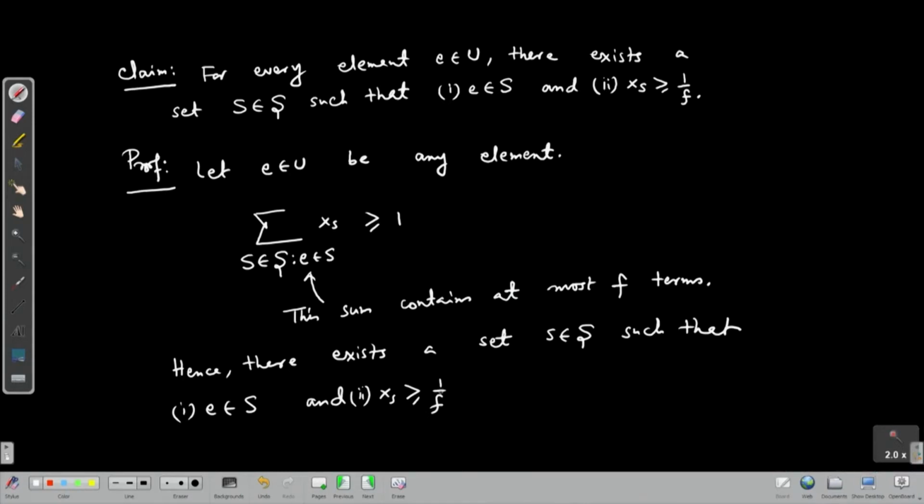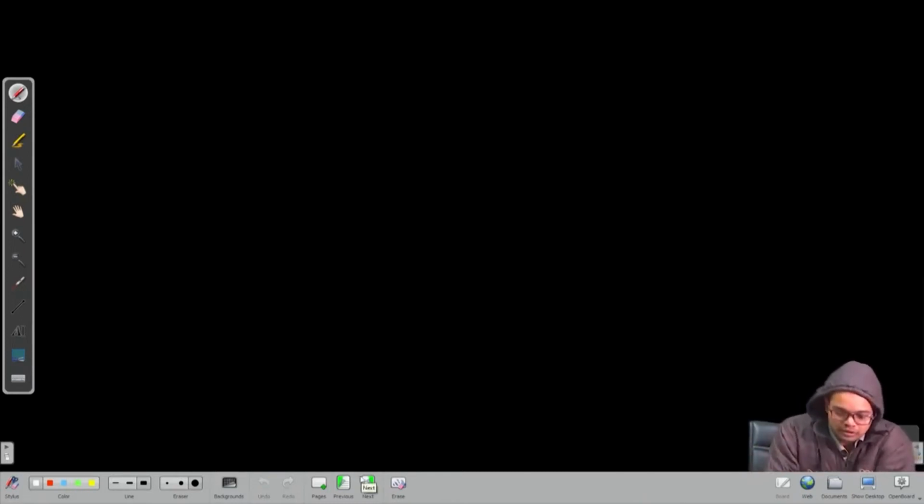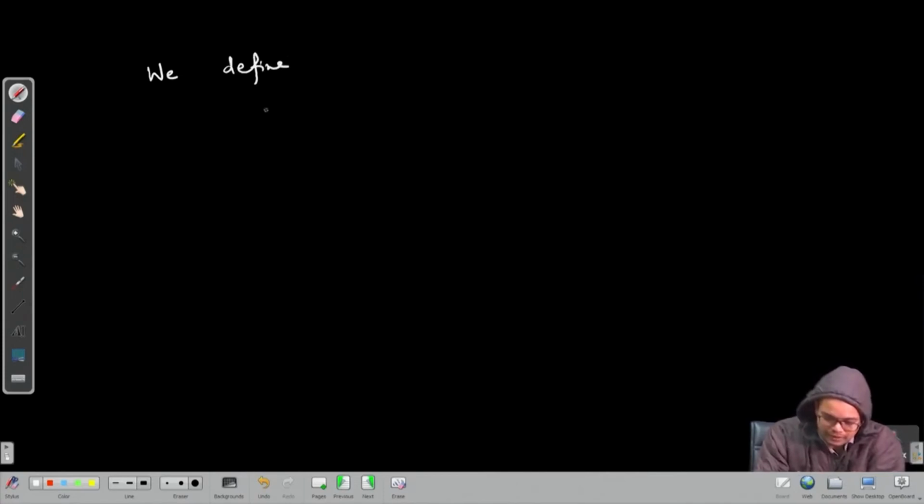Okay, now with this claim at hand we will round it. So what is our rounded solution? We define x'_S to be 1 if x_S is greater than or equal to 1/f, and 0 otherwise.